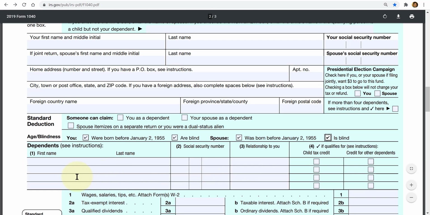Okay, so we're going to determine who is going to be dependents we can put down. And then we're going to have their name, their social security number, how the dependents are related to the taxpayer, and whether that dependent is a qualifying child, which is better than a qualifying relative, because we're going to get more credit here than over here.